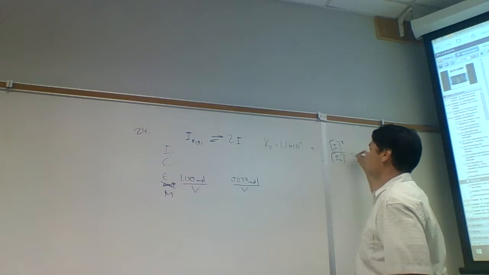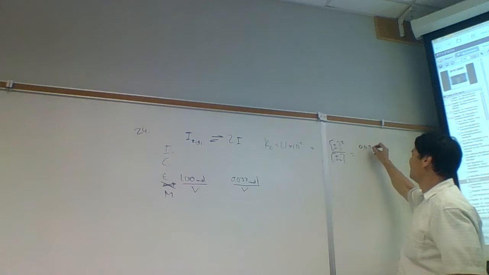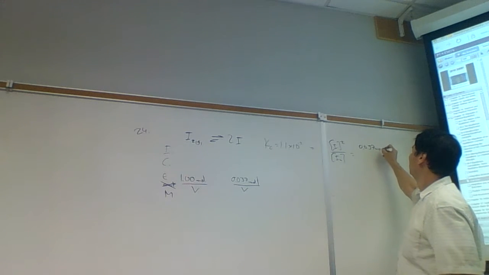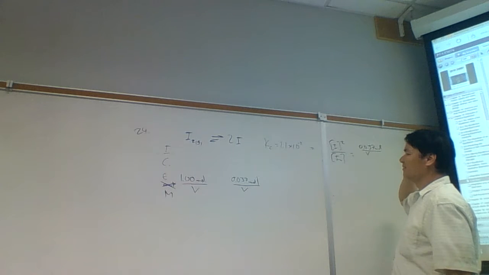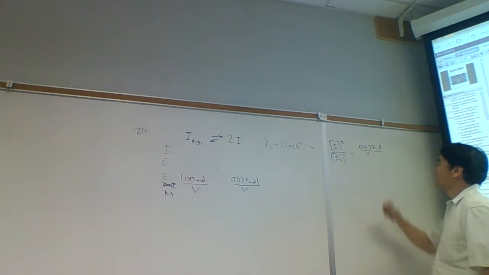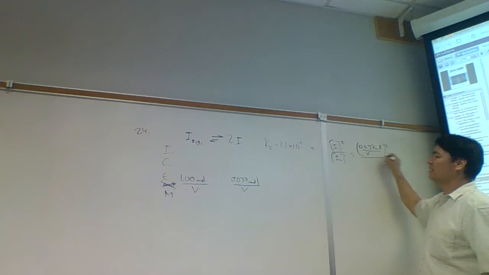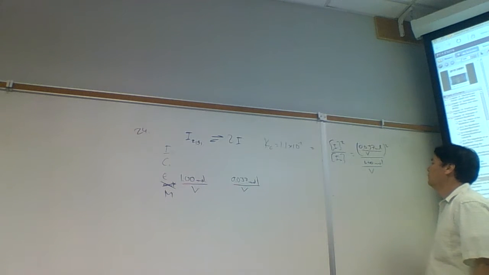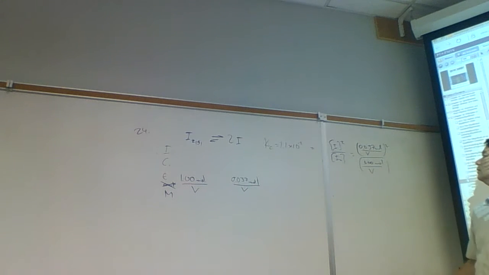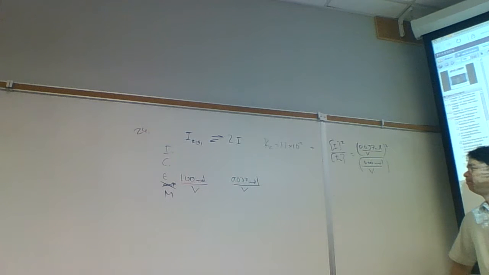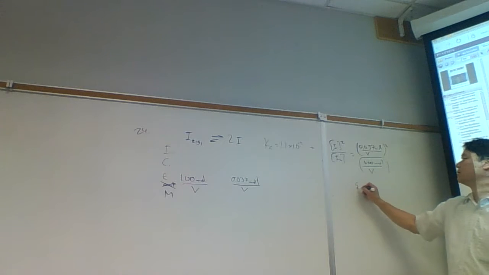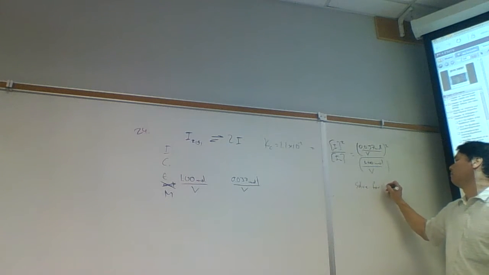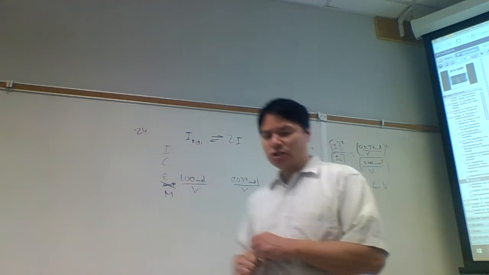And so this is going to be 0.037 moles per V, squared. The units actually work out in this particular case, but even if they don't, we just solve for V. So just a slight variation.